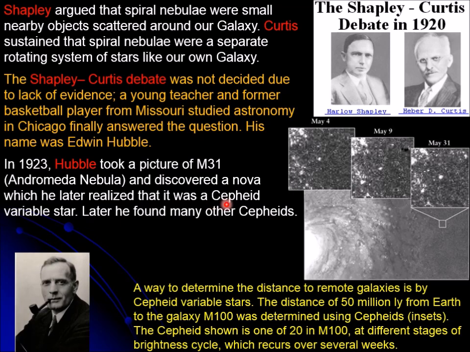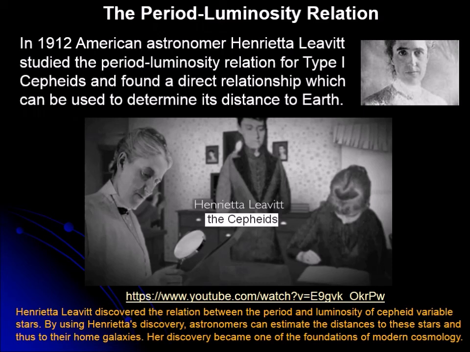But let us look at the relationship between the variability of the Cepheid and its absolute brightness. This type of study was performed by a group of ladies that were hired by different observatories to analyze photographs.